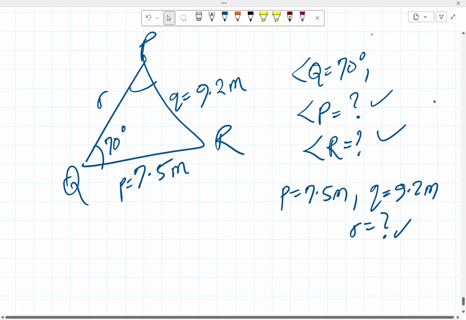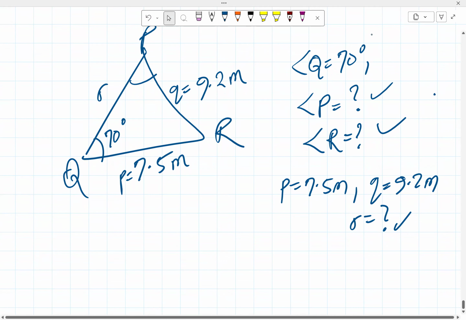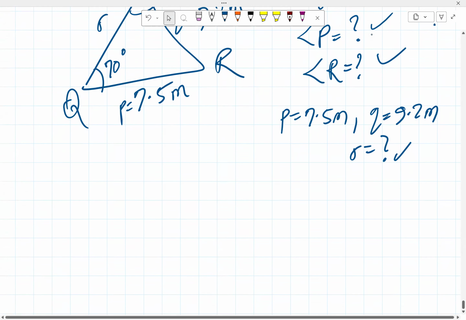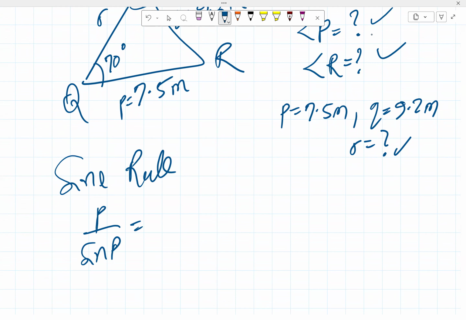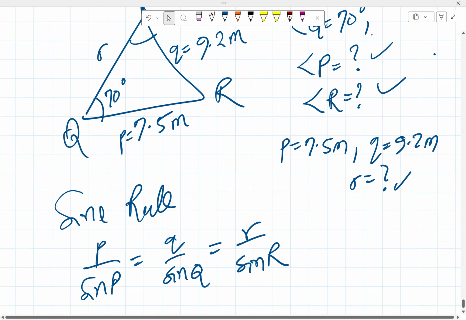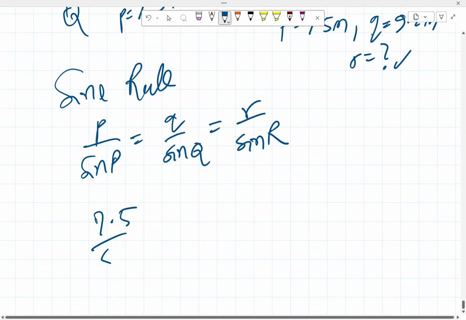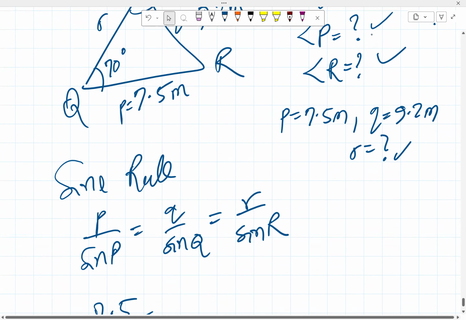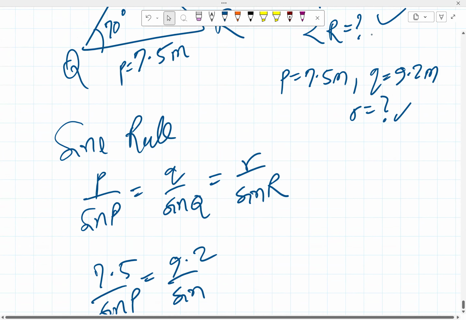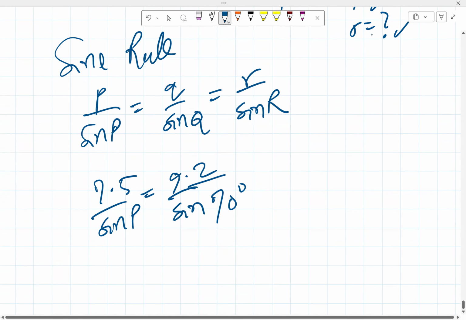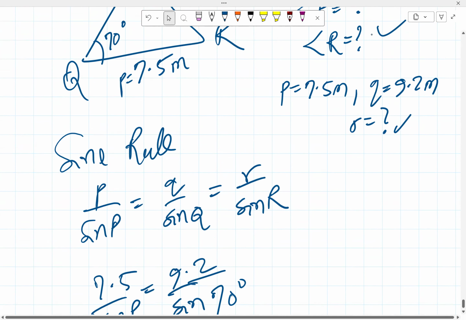Because you have two sides and an angle facing one of them, you can use the sine rule. The sine rule here would mean P over sine P equals Q over sine Q equals R over sine R. So P is 7.5, so 7.5 all over sine P equals Q, which is 9.2, over sine Q. Let me make the angle something that can be handled easily.